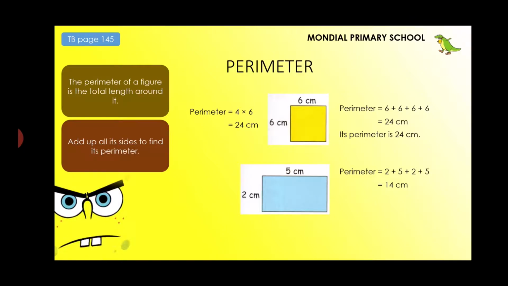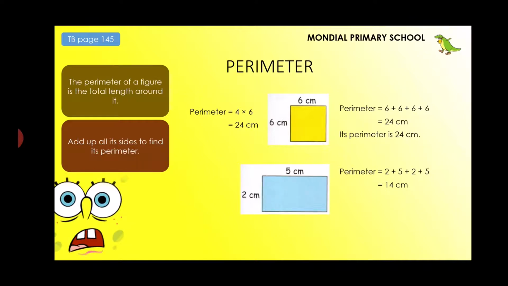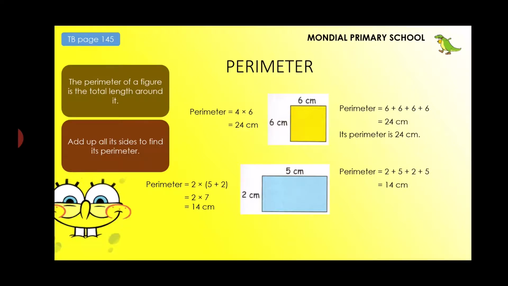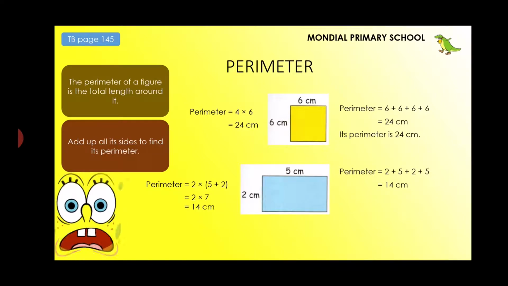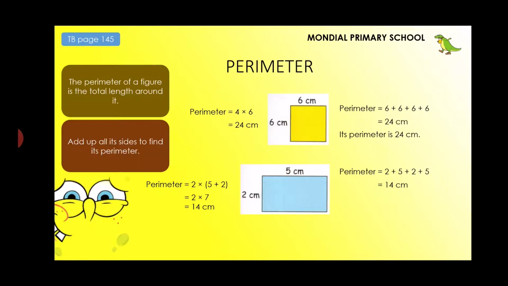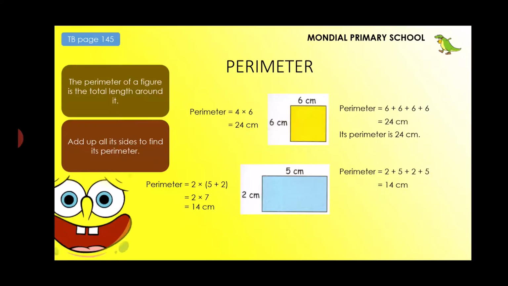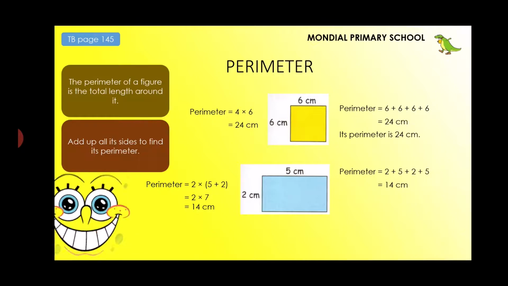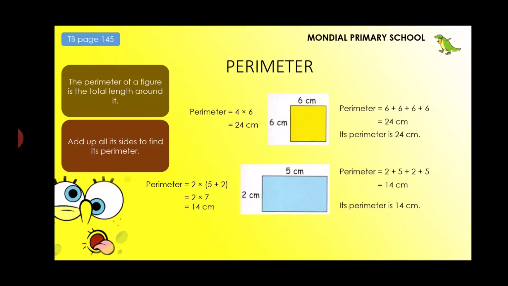We can first find the total length of one longer side and one shorter side, and then multiply it by 2. So, 2 plus 5 equals 7, and then we multiply 7 by 2. Hence, the perimeter is 14 centimeters.